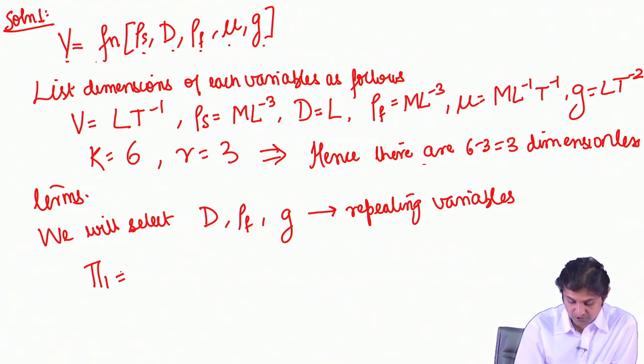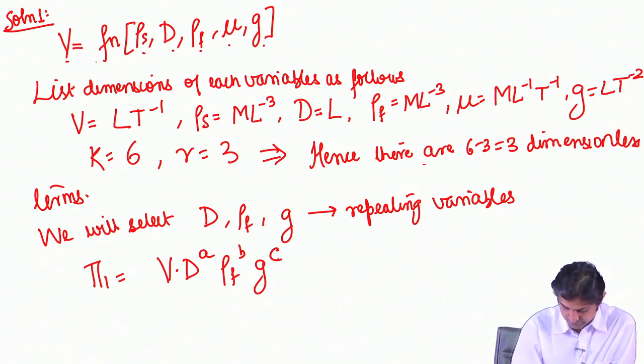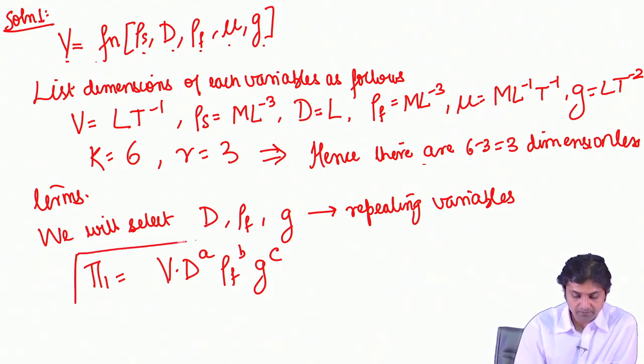So, the first term is going to be v into d to the power a, rho f to the power b and g to the power c. So, this is the first pi term.